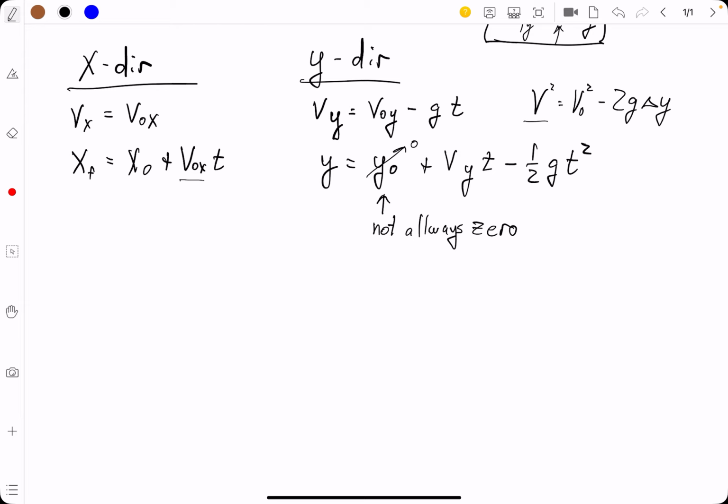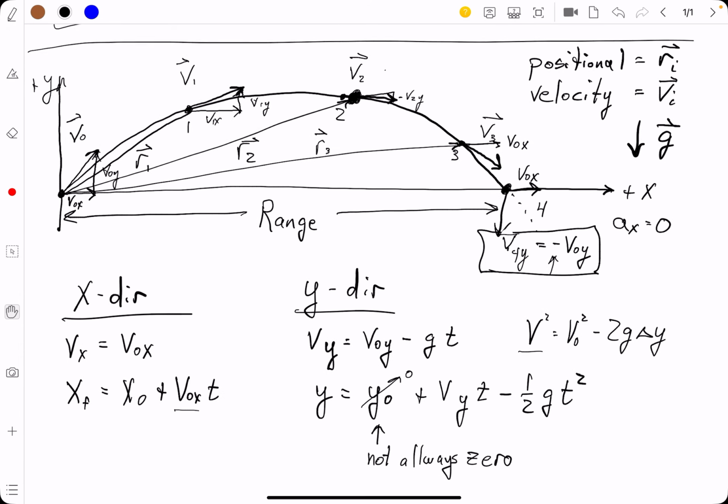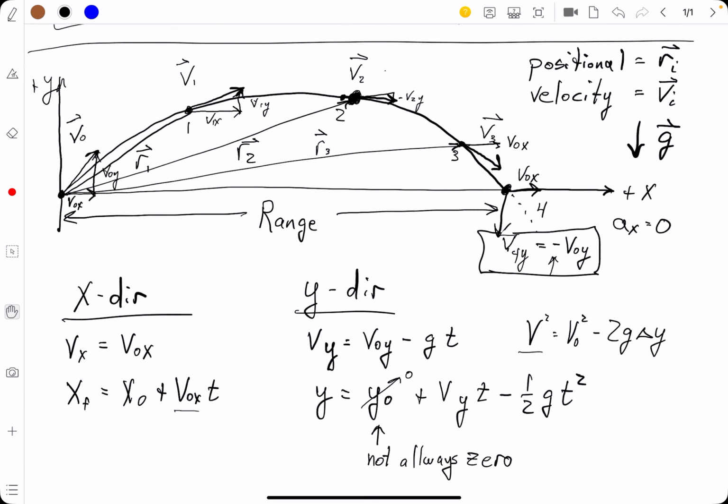Let's draw a picture again. We could probably use the same picture. Let's label one other thing. I'm going to say that this is halfway. So symmetry gives our half range to here.